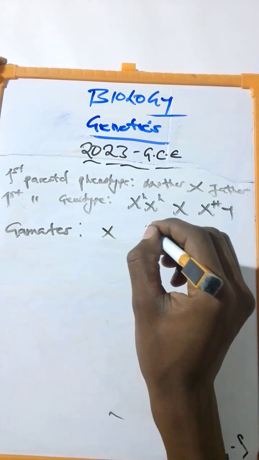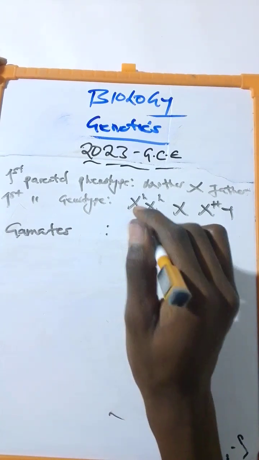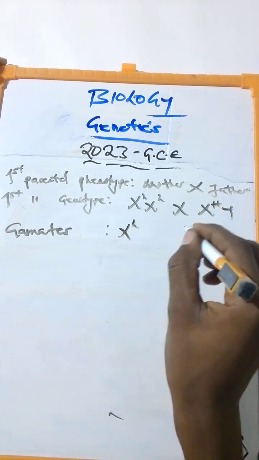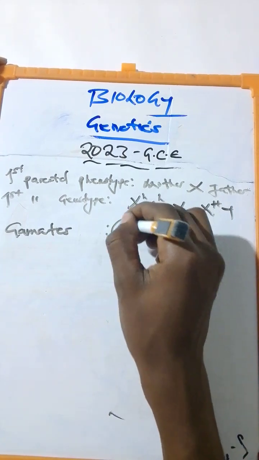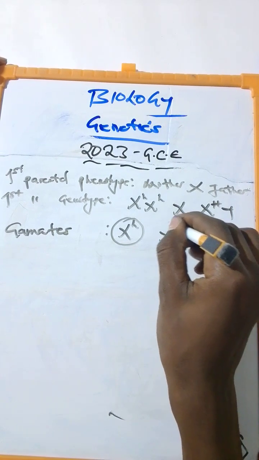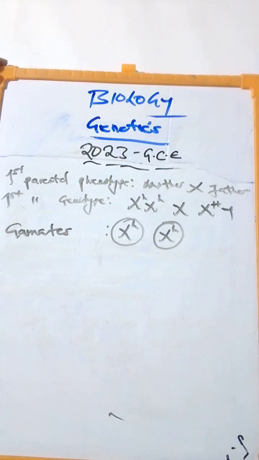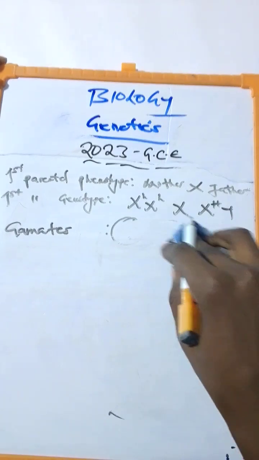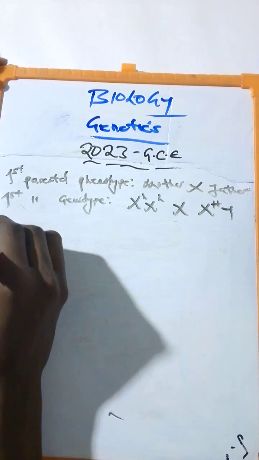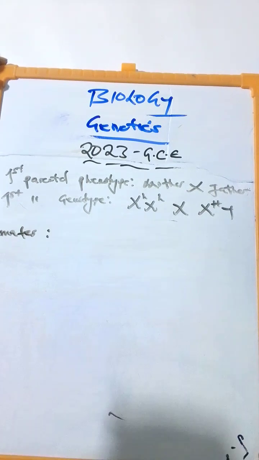So we have this, and I'm going to circle it. Another one, we're going to circle it. I think I'll run out of space here. So I want to draw a neat one. So let me reduce my handwriting. So gametes will be here.